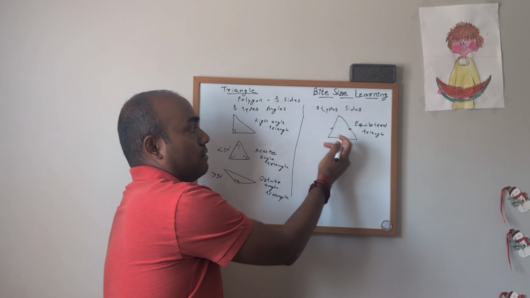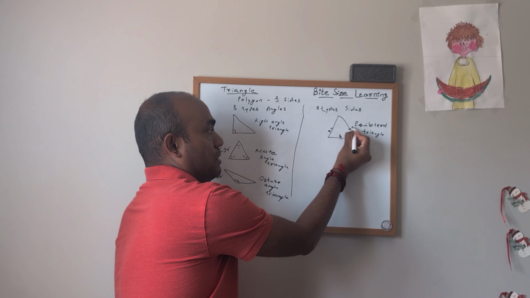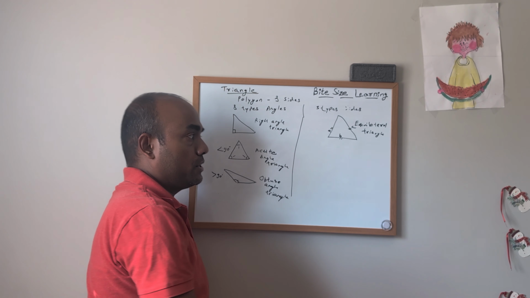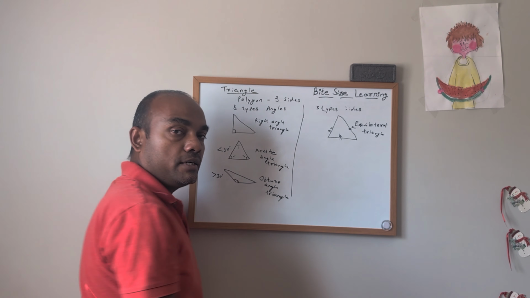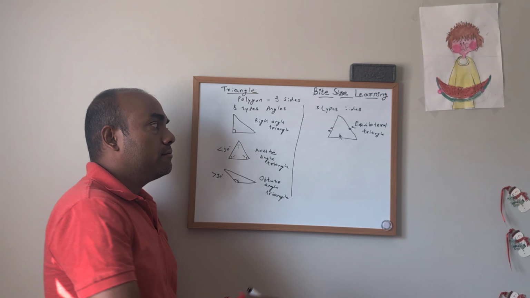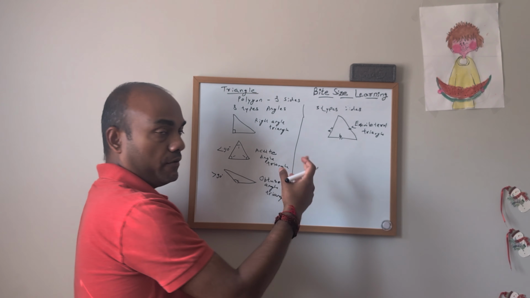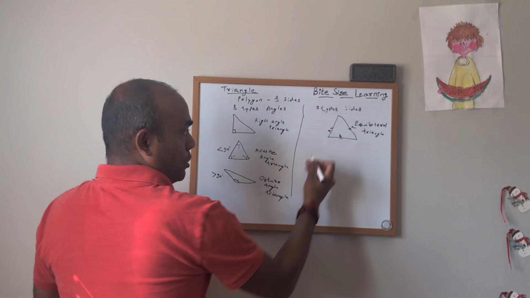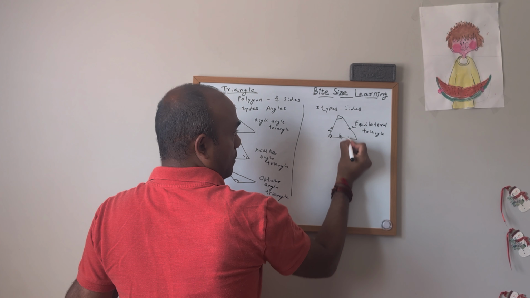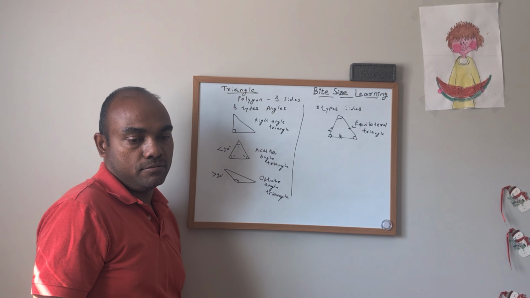So if it is A, B, C, side A is equal to B, B is equal to C. So an equilateral triangle is a triangle that has all three sides equal. And it will have all its angles equal also. So this angle will be equal to this angle and this angle.